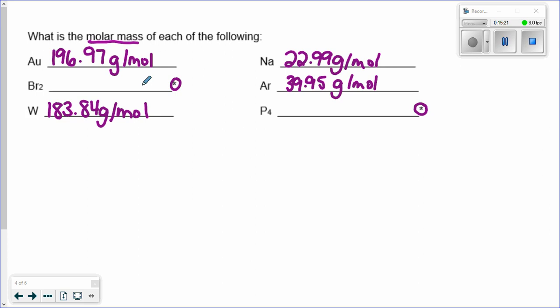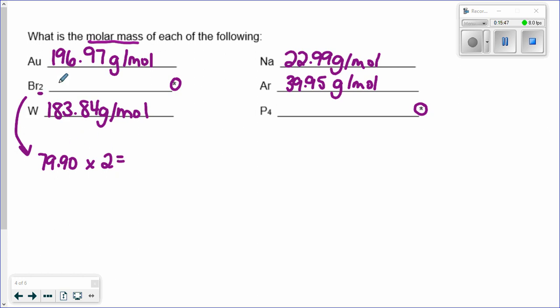So bromine, you can find it's atomic number 35, but remember that bromine is found diatomically when it's on its own. So in its elemental form, it's found diatomically. For bromine, we know it's 79.90 grams per mole, but we actually have two of them. So again, that subscript of 2 indicates that there are two of them.